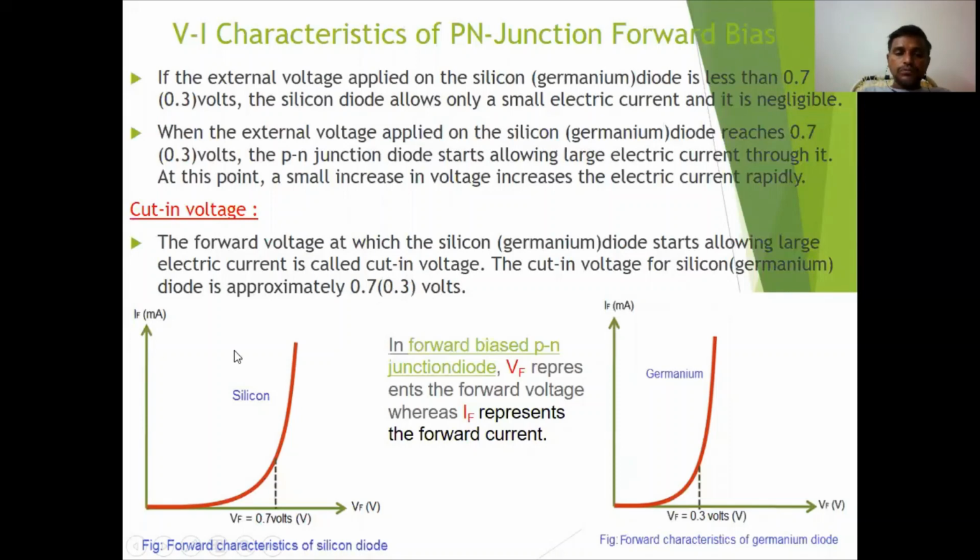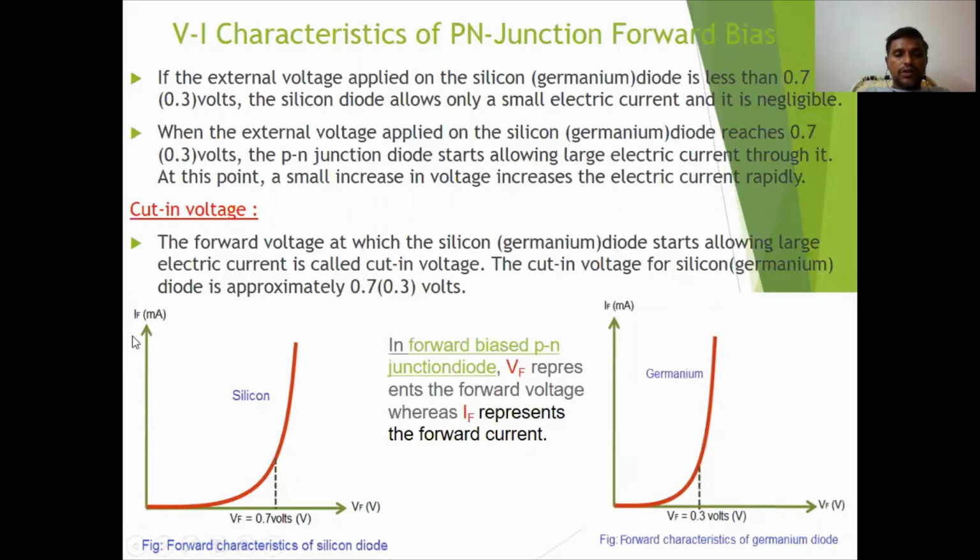In the forward bias, VF, the forward voltage, is on the x-axis, and the corresponding current is on the y-axis, in terms of milliamperes.